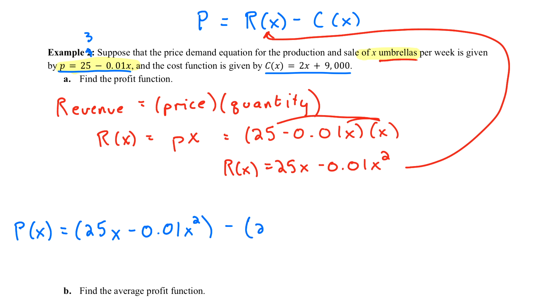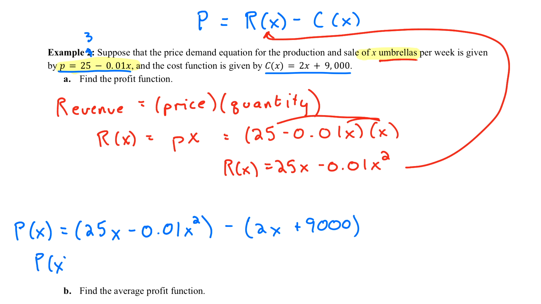So minus (2x plus 9,000). Again, please make sure that you use parentheses around your cost function because I want to subtract both of these two terms. If you don't include those parentheses, you're only going to subtract the first term. We want to subtract them both.